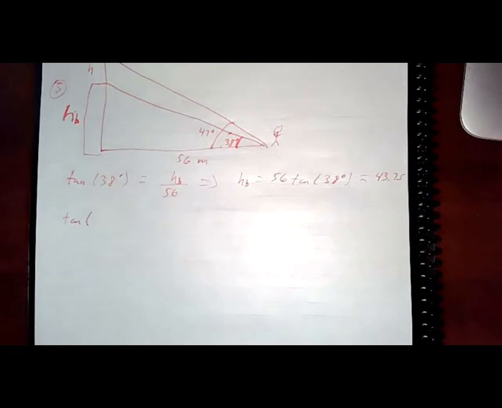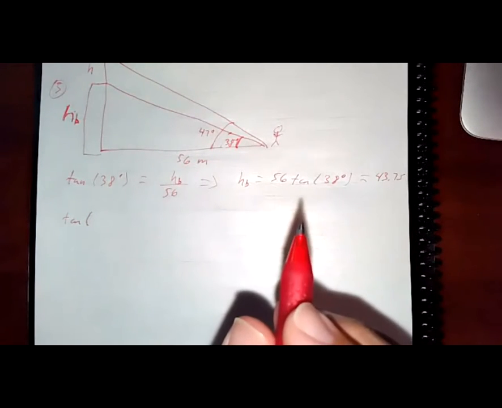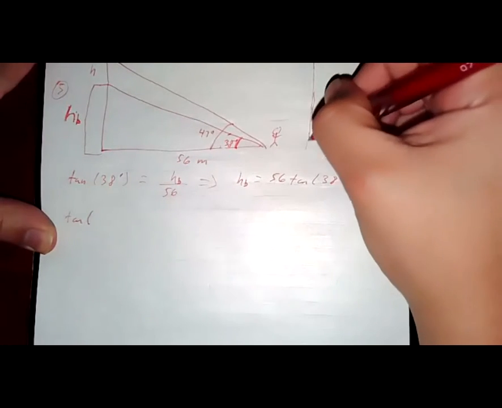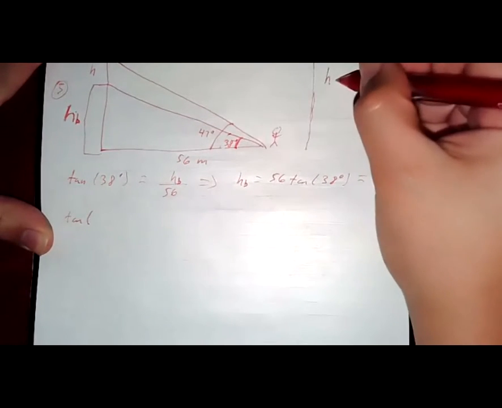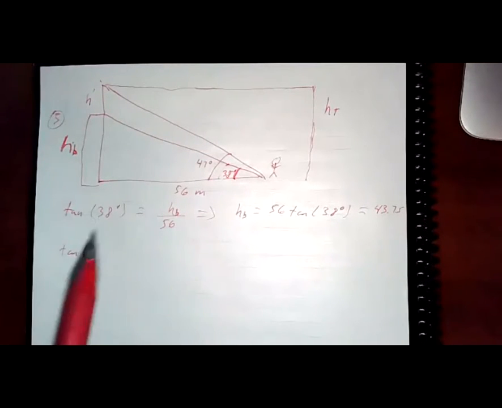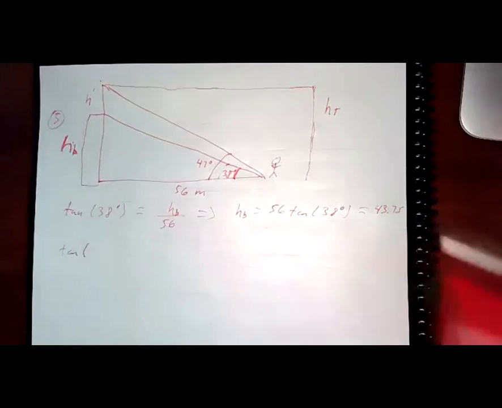Okay. So now we want to find the total height, right? So total is running out of space here. I'm going to put it over here. We'll call this all the way down H total. If you can fit it on the left, that probably looks better. I just can't at the moment.